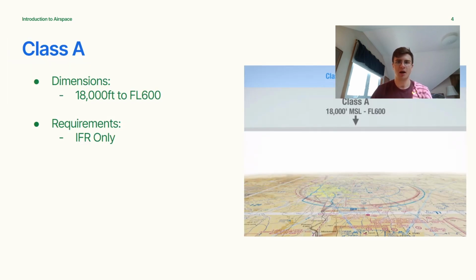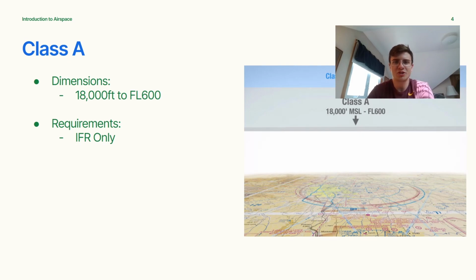First, let's talk about the first one, Class Alpha airspace. Class Alpha airspace is IFR only airspace, meaning that you have to have an IFR rating and your plane has to be IFR rated. The dimensions of Class Alpha airspace are 18,000 feet to flight level 600.